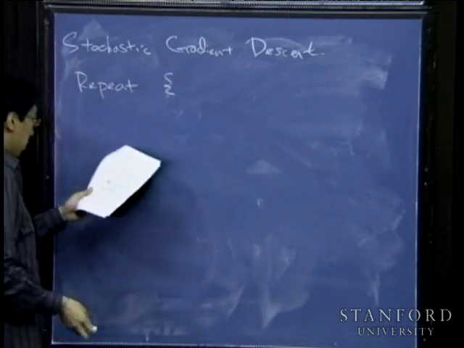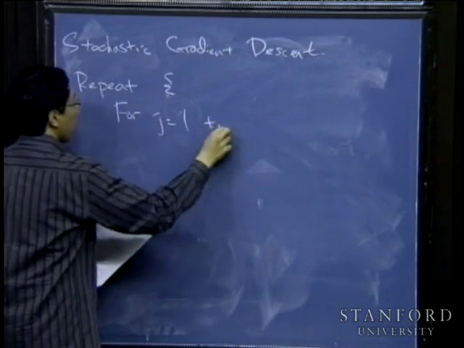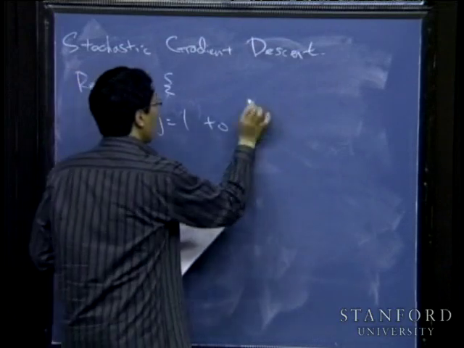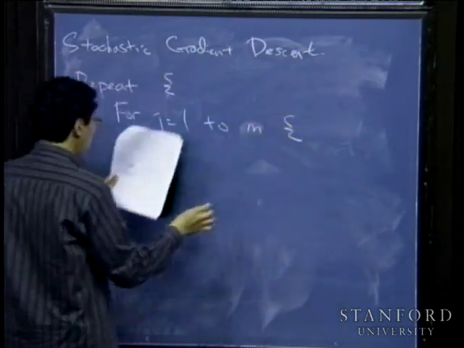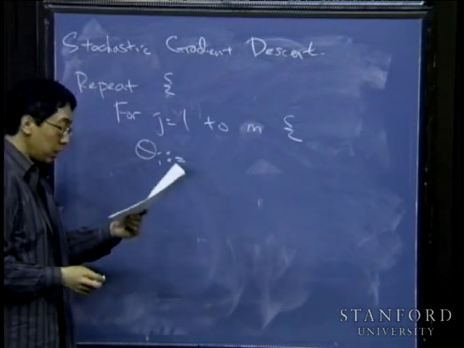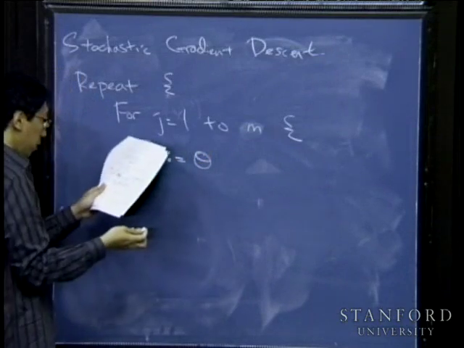Again, we'll repeat until convergence, and we'll iterate for j equals 1 to m, and we'll perform one of these gradient descent updates using just the j-th training example.